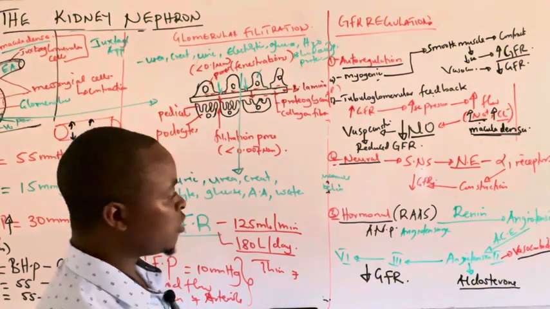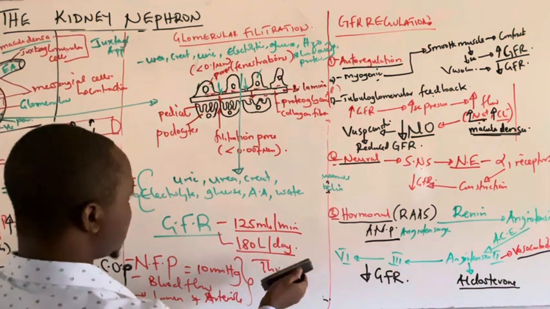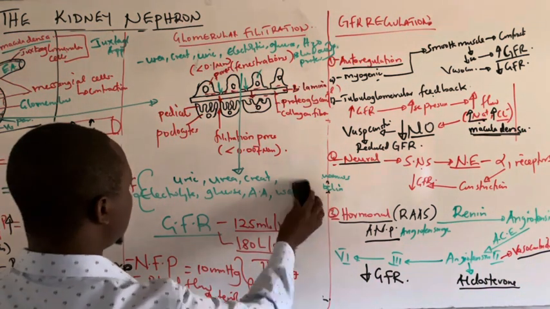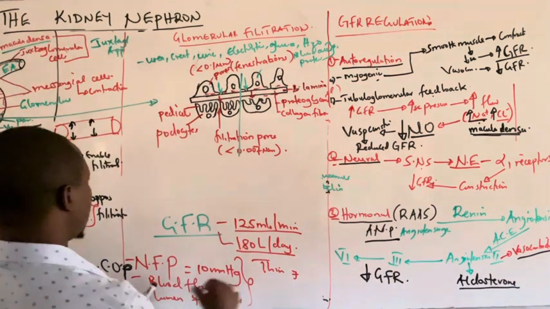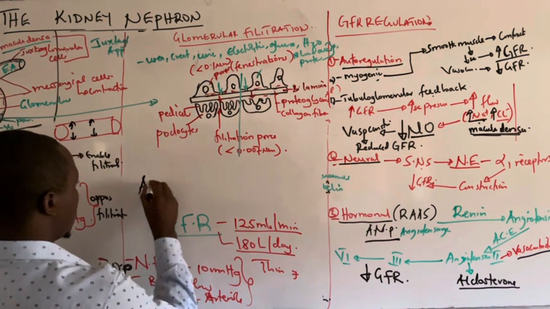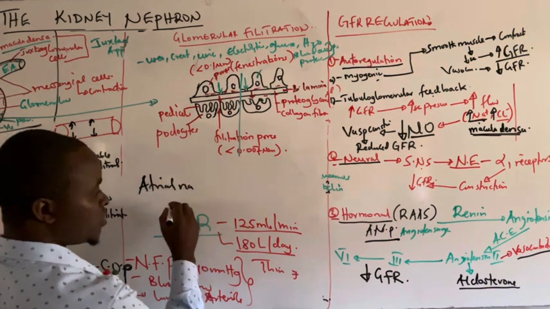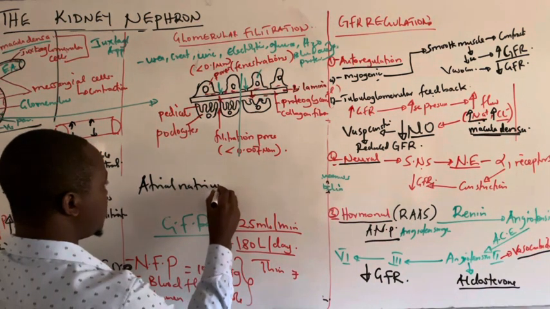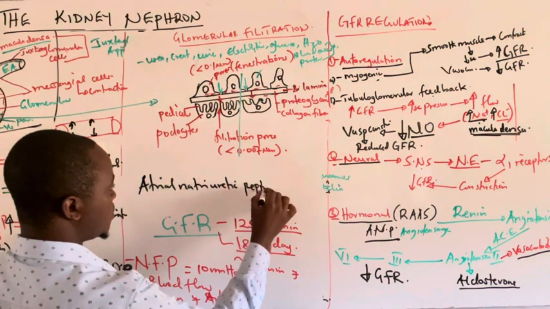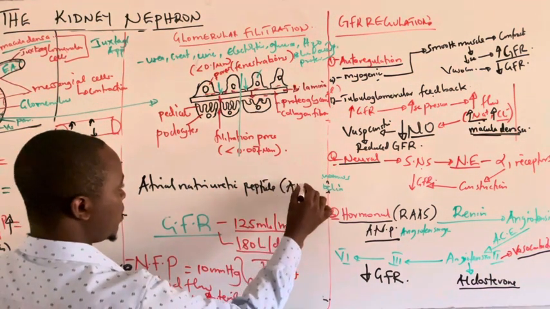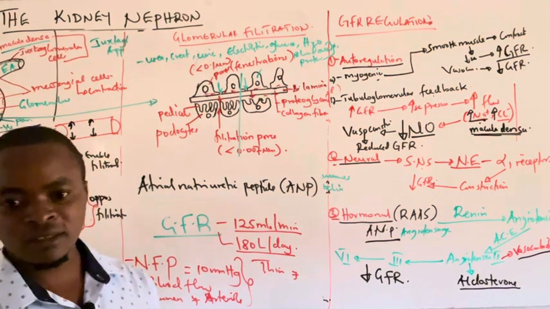And without forgetting, there is another compound we see under regulation, known as atrionatriuretic peptide, which we abbreviate as ANP. This one is produced by the atria of the heart.